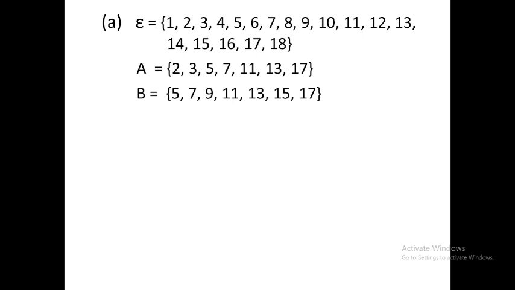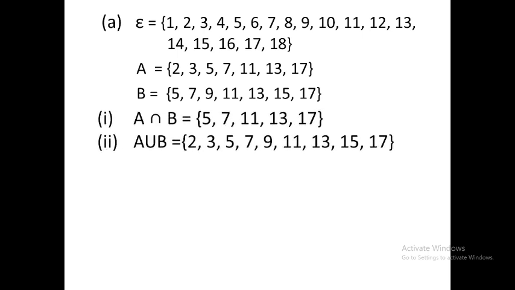Then the next one says we should find A intersection B. Intersection, that is a common element that appeared in set A and set B. And so let's list that nicely. 5, 7, 11, 13, and 17. And the A union B, which is already on your screen, merging everything or combining everything.